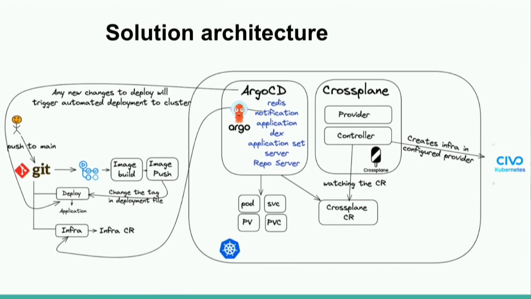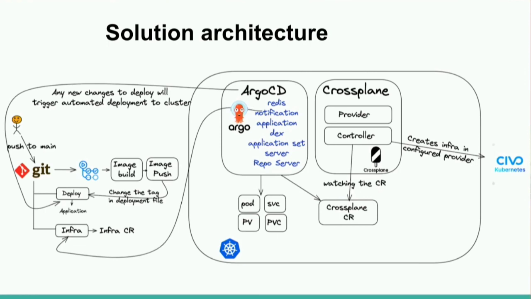And as soon as this happy developer pushes the code to the main branch of Git, there is a GitHub Actions workflow that gets triggered that builds the image, then pushes that image to the artifact registry, and also gets the Git SHA of that commit, and changes the tag in the deployment file.